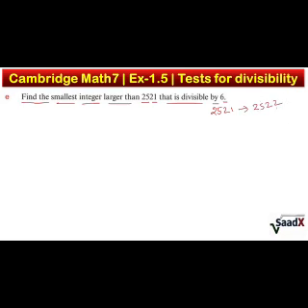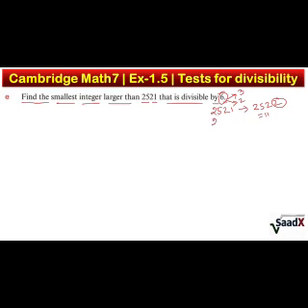First we have to check whether it can be divisible by 6. It should be divisible by 3 and 2. 2 is possible because this is an even number, but is it possible by 3? 2 plus 2 is 4, 4 plus 5 is 9, 9 plus 2 is 11. The digit sum is 11, so this number cannot be divided by 6.